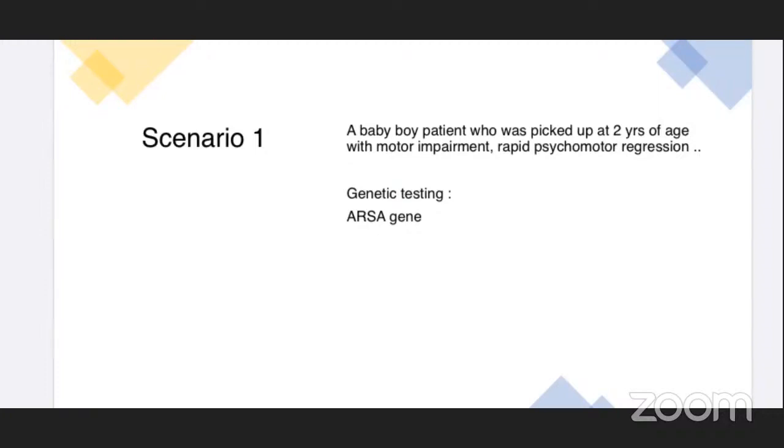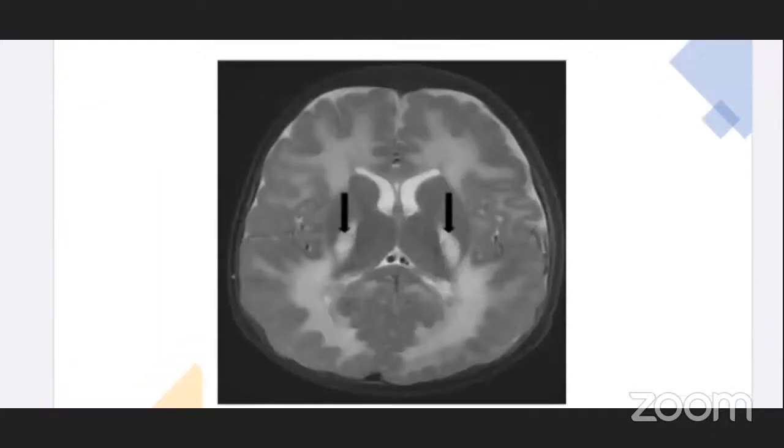Say you have a baby boy who presented, or was picked up, at 2 years of age with motor impairment and rapid psychomotor regression. We sent for genetic testing, and it showed the ARSA gene. What do you think here? His brain MRI is attached. You can post your answers in the chat box.